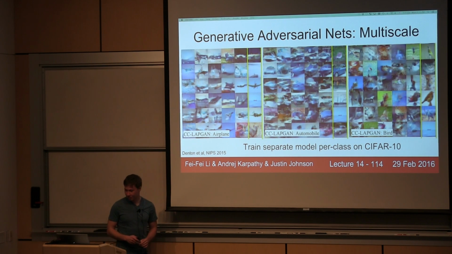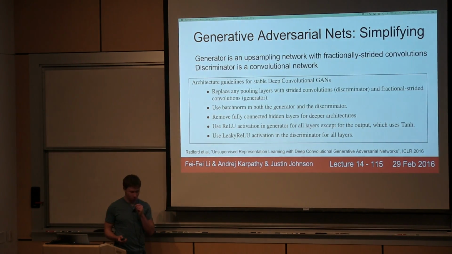In the following year, people actually threw away this multiscale idea and just used a simpler, better, more principled ConvNet. The idea is to forget about this multiscale stuff and just use batch norm, don't use fully connected layers, all these architectural constraints that have become best practice in the last couple of years.